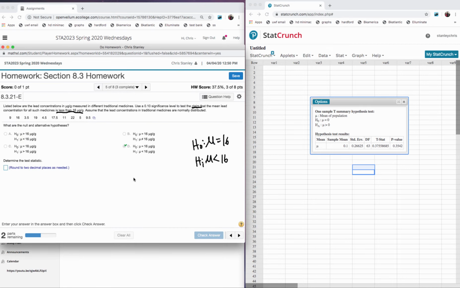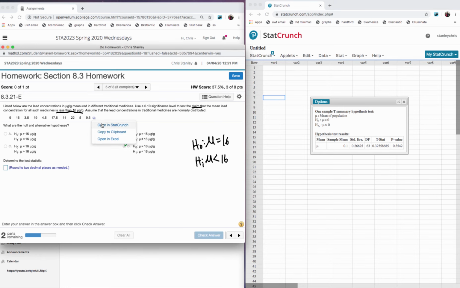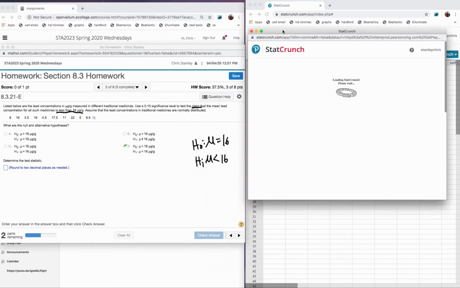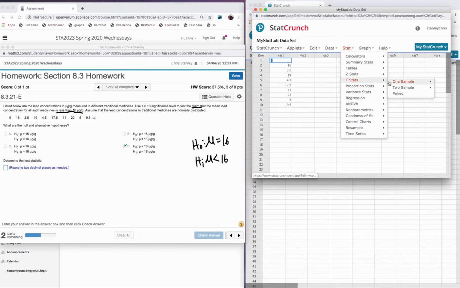Okay, so now to do this one, since they gave us data, and I don't want to put the data over here, we'll just go ahead and open up the data in here. Okay, so now the data is open there. Now notice we do not have sigma. We don't have any standard deviation at all, so it's going to have to figure out the standard deviation for us, which makes us use the t-stat.